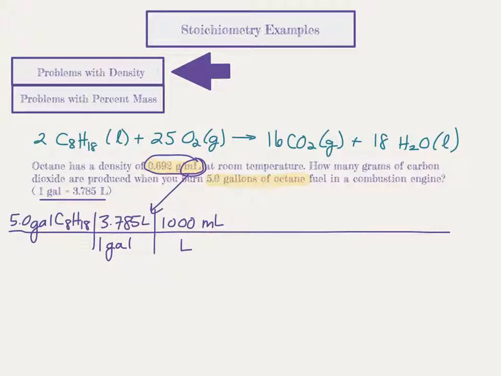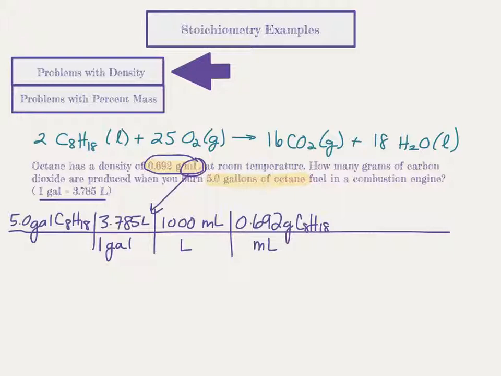Once I've converted my liters of octane fuel into milliliters, I can now use the density, 0.692 grams per milliliter of octane. And now I finally feel like I'm in a normal stoichiometry question.